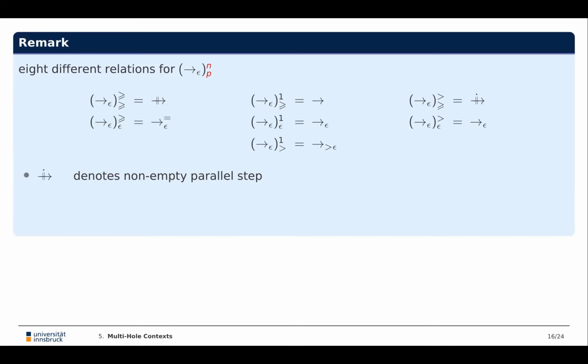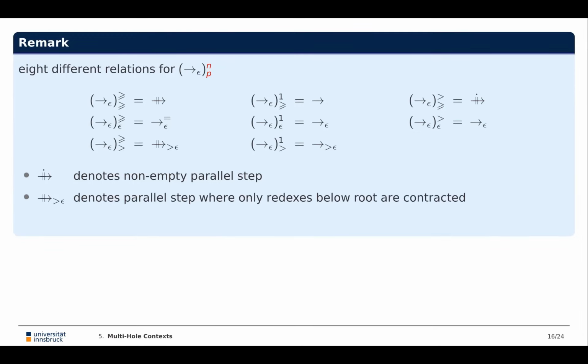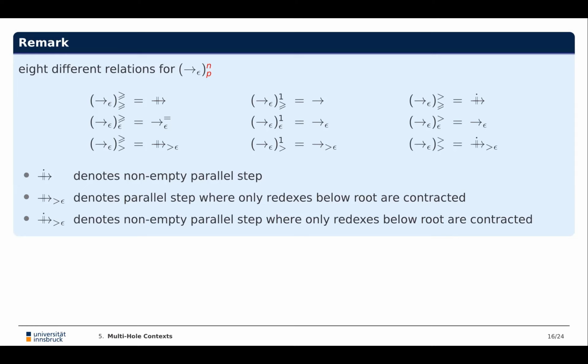Now, if we restrict to positions below the root, we can describe rewriting below the root, obviously. If we here allow arbitrary numbers, we get parallel rewriting below the root. And if we restrict both the position and the number to be greater, then we get parallel rewriting below the root, which does not allow the empty step. And this non-empty rewriting is denoted by the dot above the arrows.